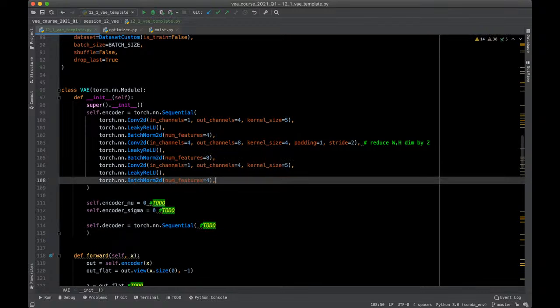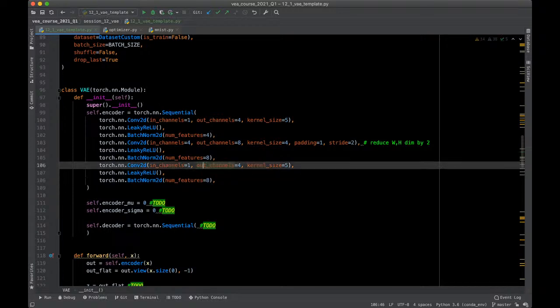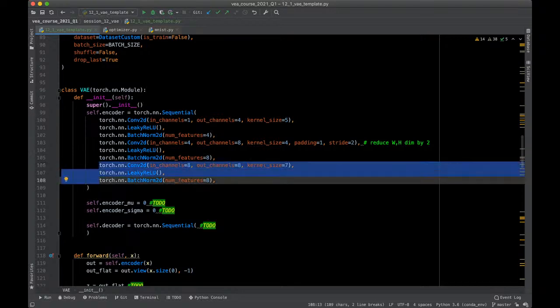Today I'm just showing another way, but in general it would be preferable to use some kind of repeating module and not just copy a lot of these lines. But here, just to justify myself, I will start using different kernel sizes in the middle of this, trying to make it more fun. If you would build your own module, then you would need a lot of parameters here. So the batch norm like that will be fine.